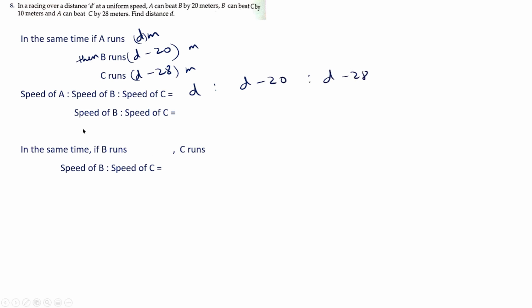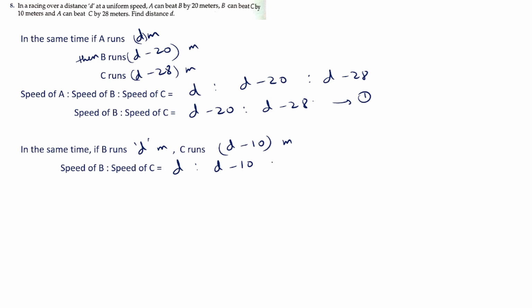So from this we can find speed of B is to speed of C, we can take this relation alone. So it is D minus 20 is to D minus 28. And now in the same time, if B runs D meters, then C runs D minus 10 meters, as B can beat C by 10 meters. So using this relation, speed of B is to speed of C is D is to D minus 10. So 1 and 2 are equal. We can equate these two and find D.